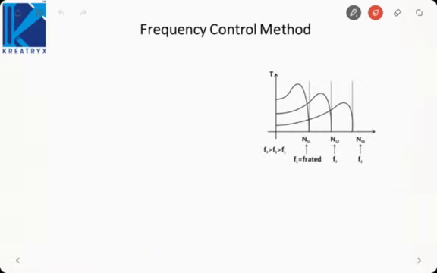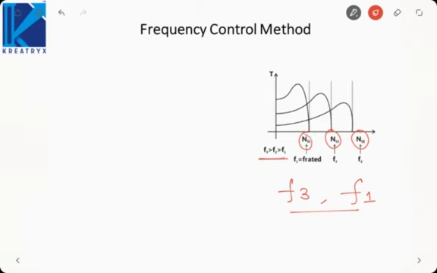See, now we are increasing the frequency here. F3 is the highest frequency and F1 is the lowest. So as we increase the frequency, the synchronous speed in case 3 is highest, then case 2 and then case 1.